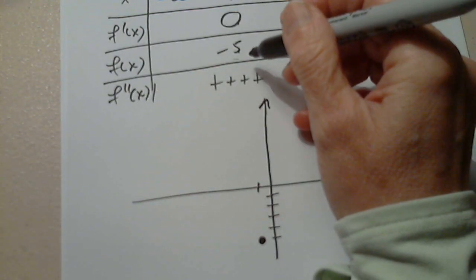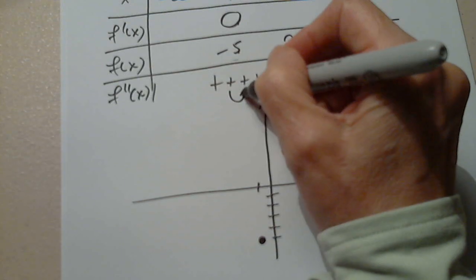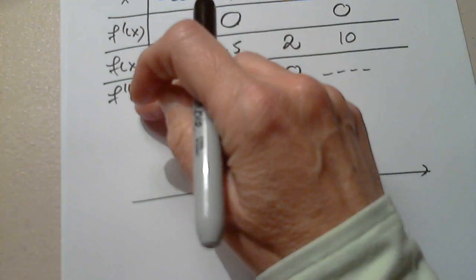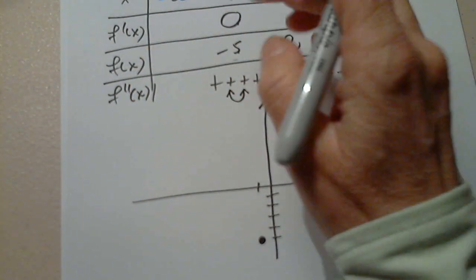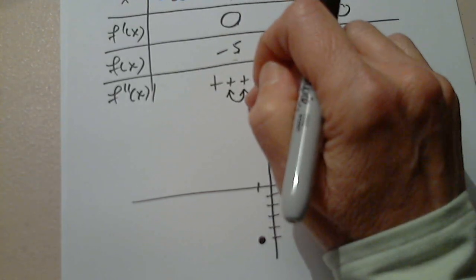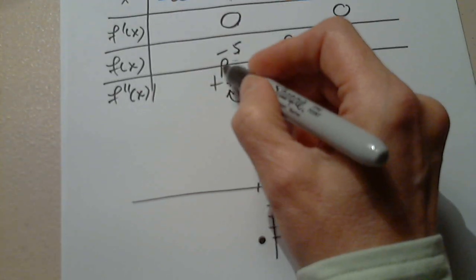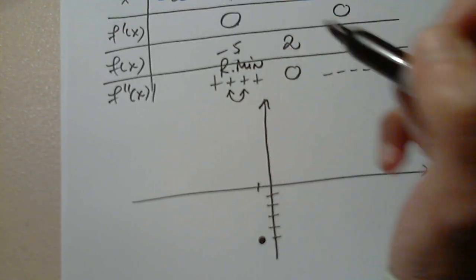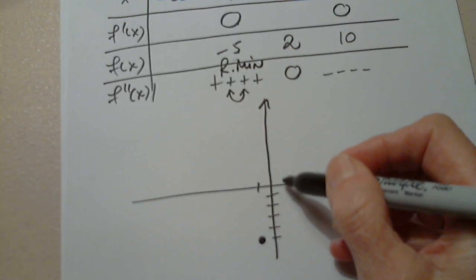At this point, as you see, the function opens up because the second derivative is positive. And this is a critical number. So this must be a relative minimum. There is no other way. So the function does something like this.